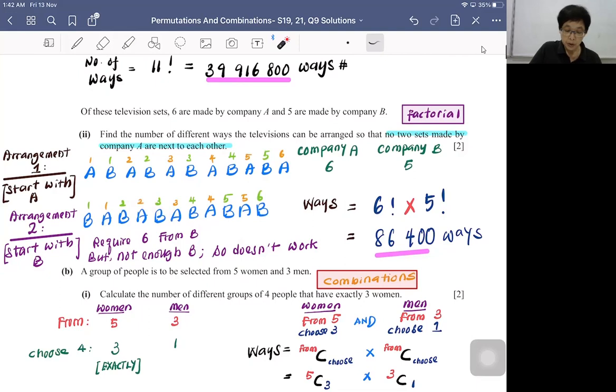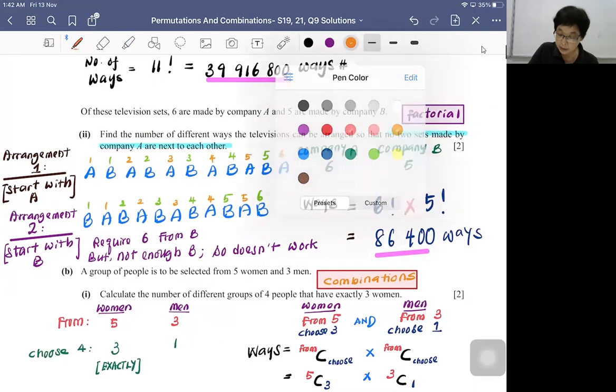Then from here, what we know is we're going to follow the arrangement of the first one. Well, the six televisions from company A, let me put it down for us.